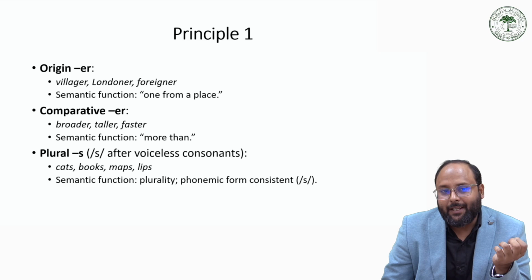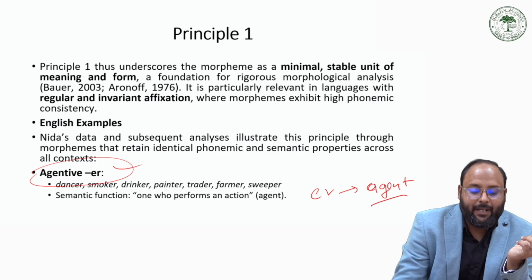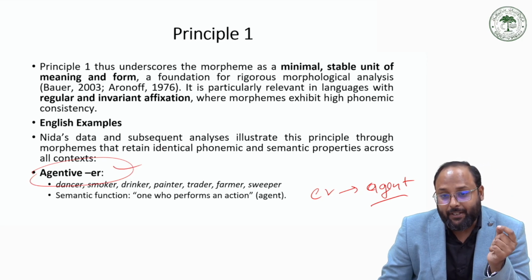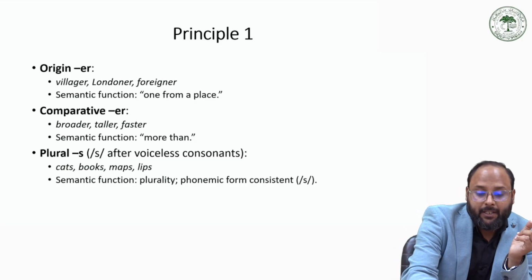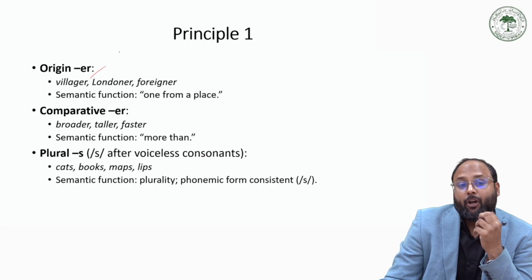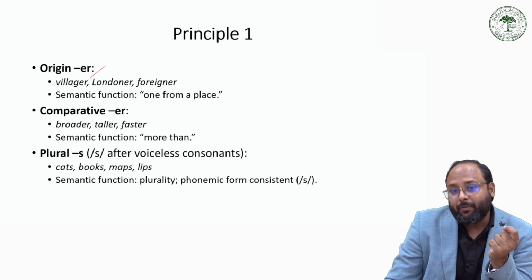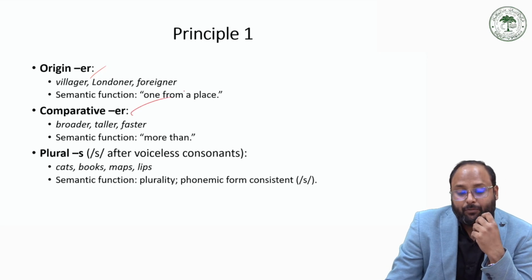So like -er can sometimes give the agentive meaning, as in dancer, smoker, drinker, painter, trader. But in another form -er gives the meaning of origin, like foreigner, villager. And sometimes -er gives the meaning of comparative, like taller, faster, bigger.